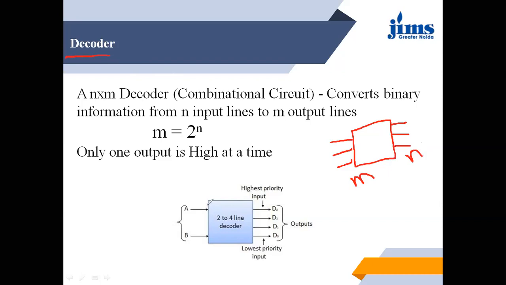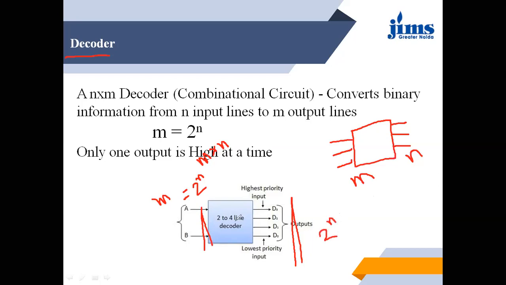In a decoder, suppose this is an m to n decoder, then n will be equal to 2 raised to the power m, meaning the total number of output lines is larger in decoders.